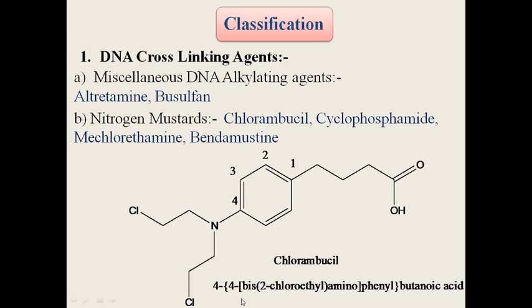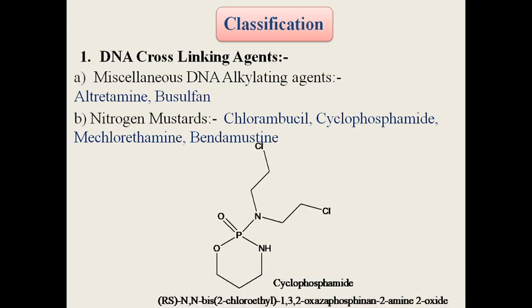And let's see another molecule, cyclophosphamide. Here you can see this is a cyclic structure, and its IUPAC name is RS-N,N-bis(2-chloroethyl)-1,3,2-oxazaphosphinan-2-amine 2-oxide. Just look at what is written in the middle, oxazaphosphinan.